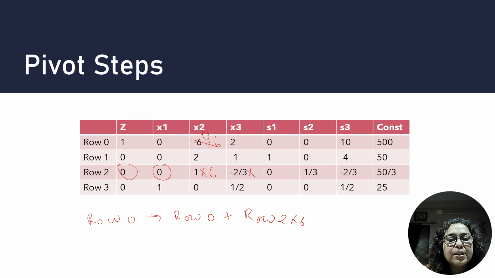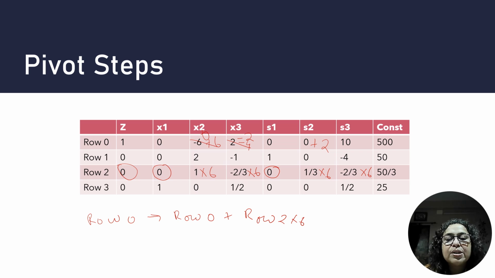Here I'm going to multiply this with 6. So I get minus 4, and so this will become minus 2. And here there is no change. Here again I multiply this with 6, I get 2. I add this. I multiply this with 6, I get minus 4.